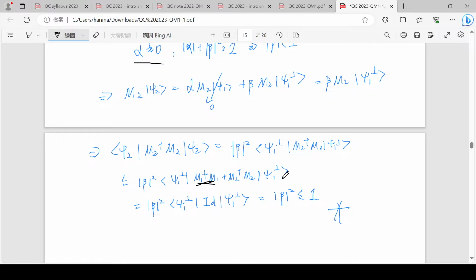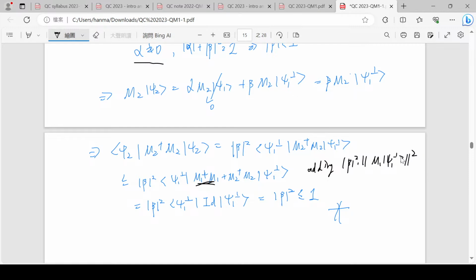This is positive because it is the norm squared of M1 psi 1 perp, and norm squared is positive, and beta squared is positive, so this is a positive number, greater than or equal to 0.